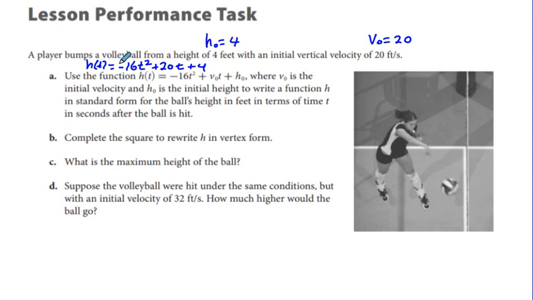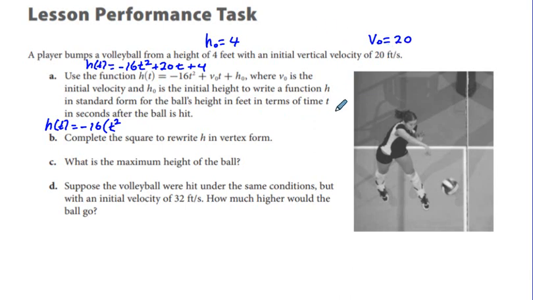Now we're going to complete the square to find the maximum height of the ball. So I'm going to write h of t is equal to negative 16, and we have t squared. Now we ask ourselves: what do we factor out of 20t so that when we multiply by negative 16 we end up with 20t?